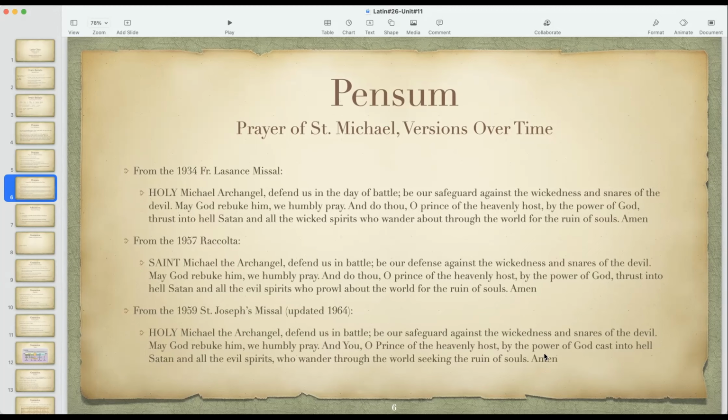And you, O Prince of the heavenly host, by the power of God, cast into hell Satan and all the evil spirits who wander through the world seeking the ruin of souls. So you can see that evolution in the English, and hopefully, having looked at the Latin, you can understand some of the choices there.